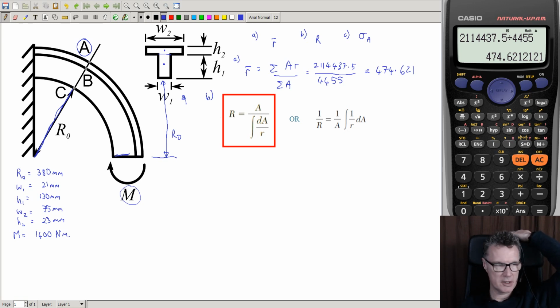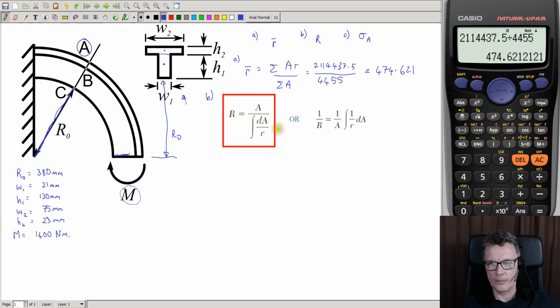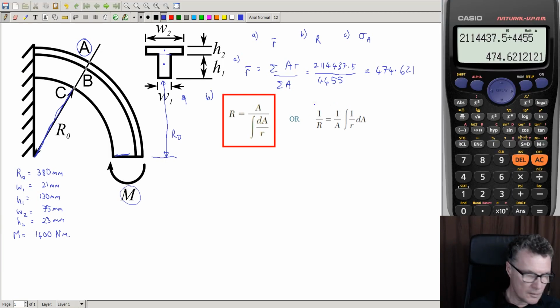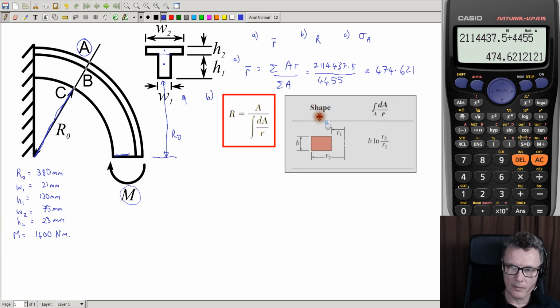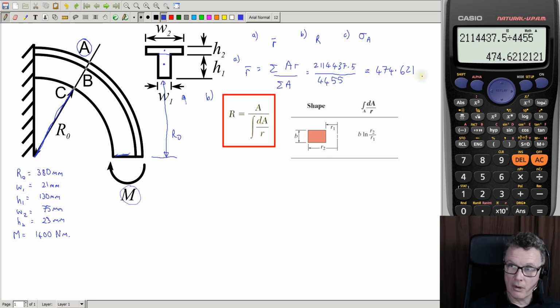I would imagine this is coming from Johnson. So we got these table results, and you'll see how to solve this integral.